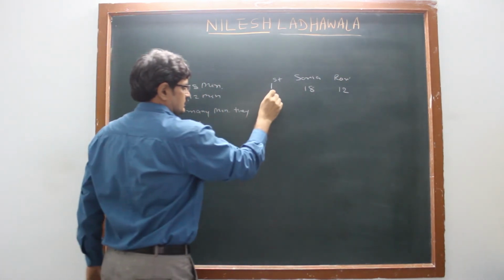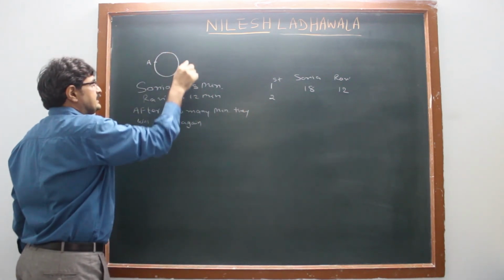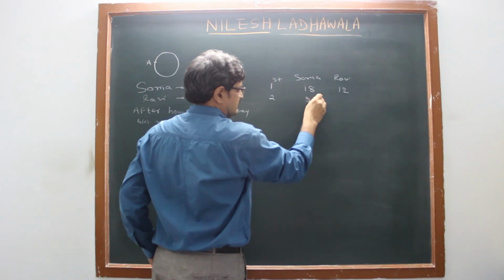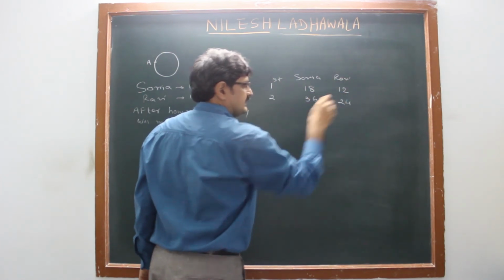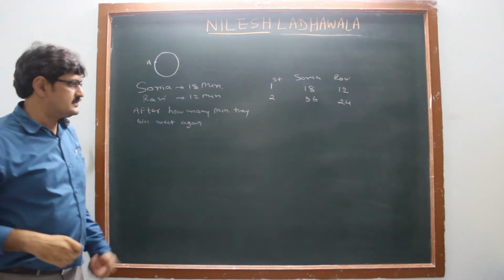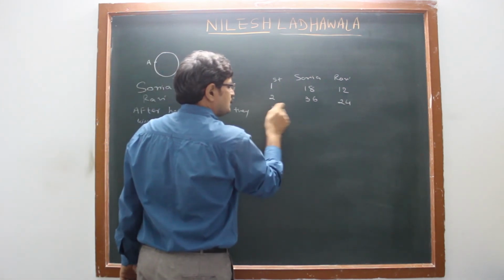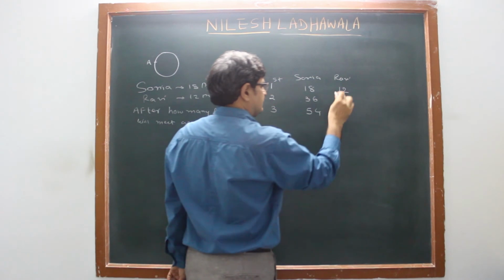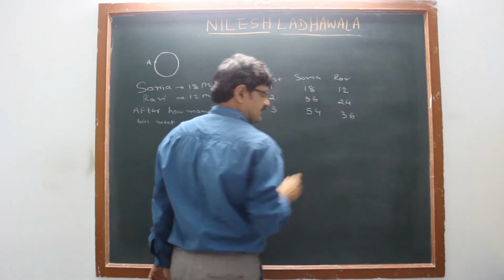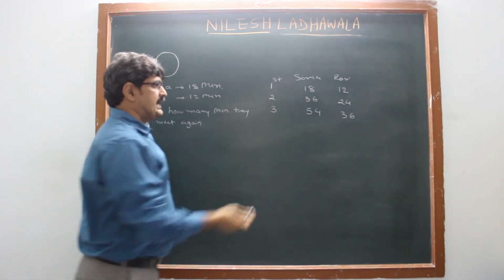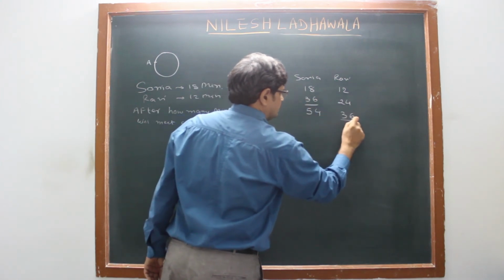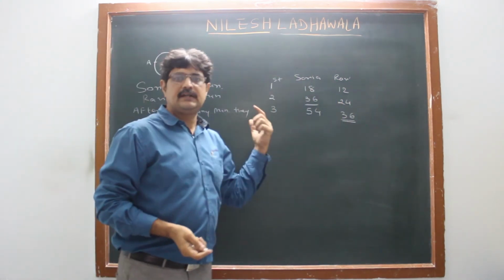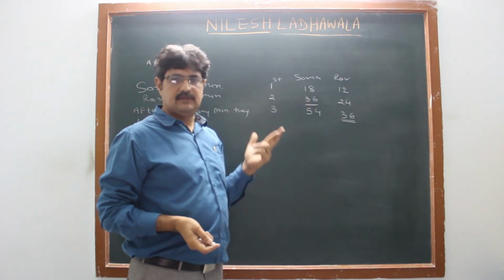In second round, Sonia has taken 36 minutes while Ravi has completed it in 24 minutes. For the third round, Sonia has taken 54. 18 2s are 36, 18 3s are 54, and here it is 36. Now you can see that they both have a common multiple 36, and hence we can say that they will meet after 36 minutes.